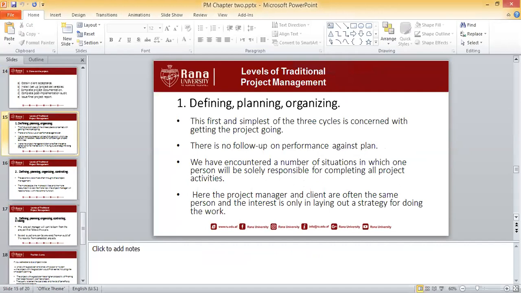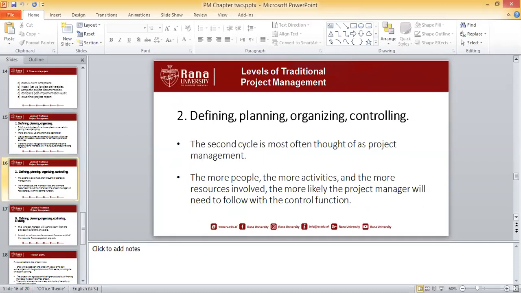Okay, so dear students, there were some levels in traditional project management. The functions specifically I'm going to talk about are defining, planning, and organizing. In the first level, we have these three functions in traditional project management.